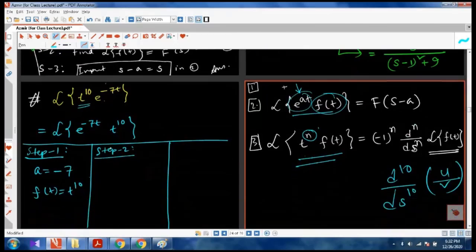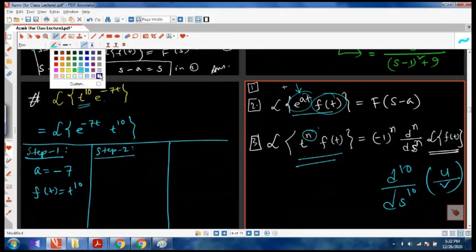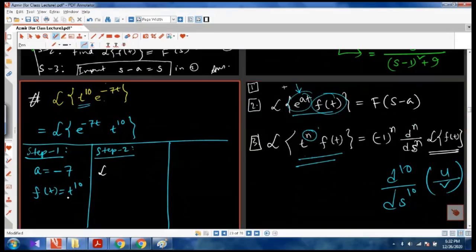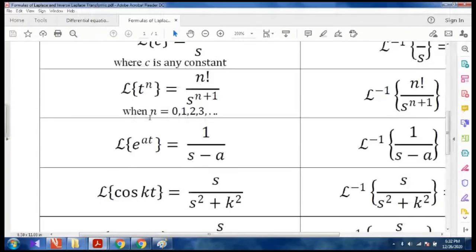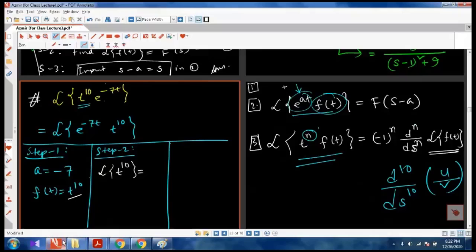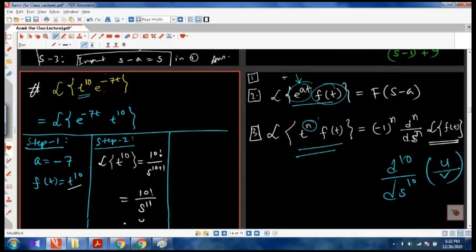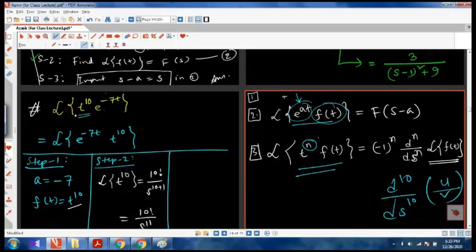Our f of t function is t power 10, so Laplace transformation of t power 10, you know the result: t power n gives n factorial by s power n plus 1. So it will be 10 factorial over s power 10 plus 1, that means 10 factorial by s power 11. And finally, step 3.